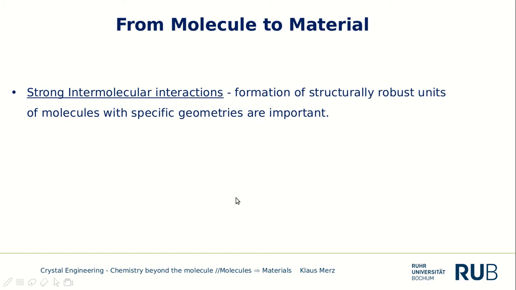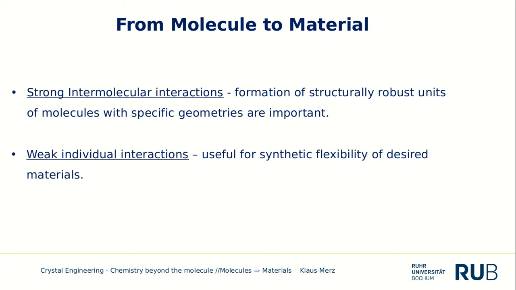This is the network construction. And additionally, we need weak individual interaction. This weak interaction is useful, I would say, to modify our crystal structure, to tune it in such a way, for example, flexibility of this crystal structure.